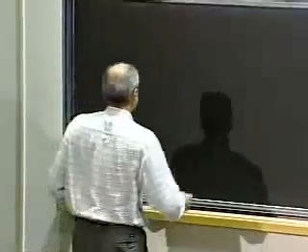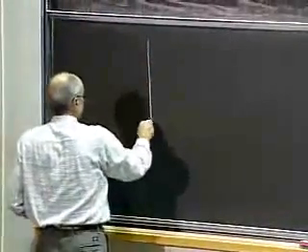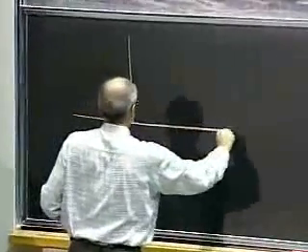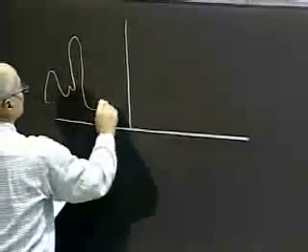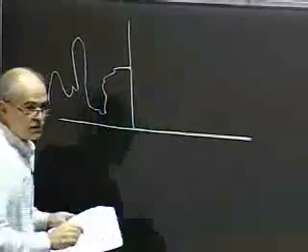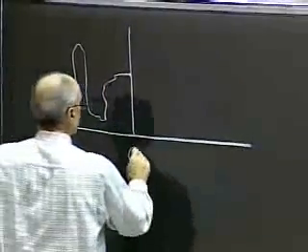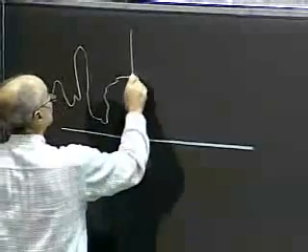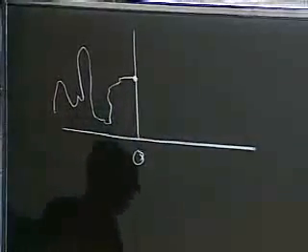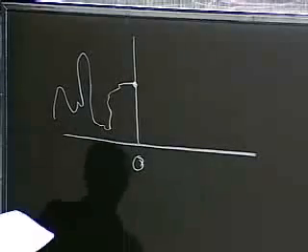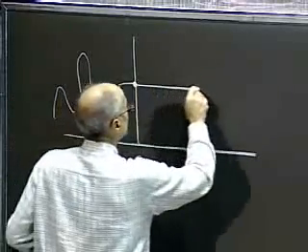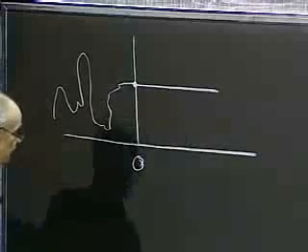One thing you recognize immediately is that it really doesn't matter what the value of Vi was for t less than 0. What really counts is the value of Vi at t equals 0, and that's the value we're interested in.